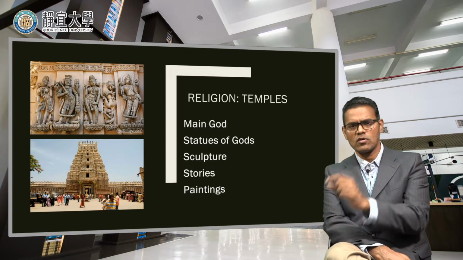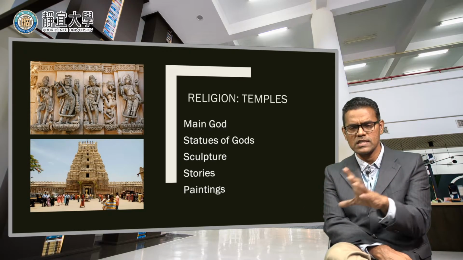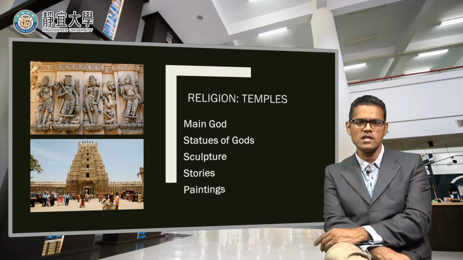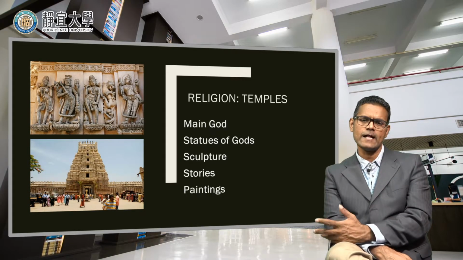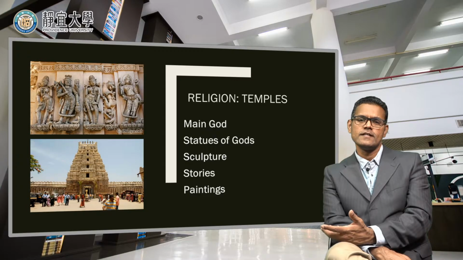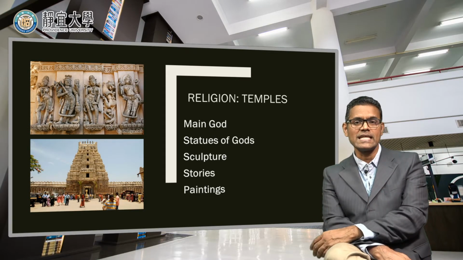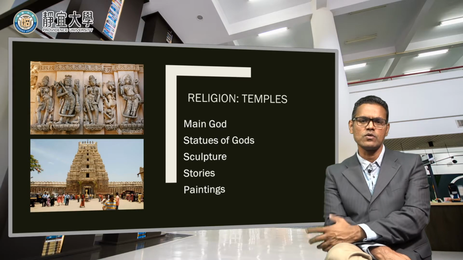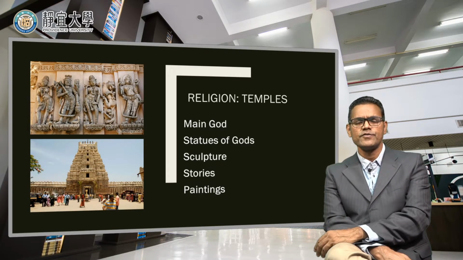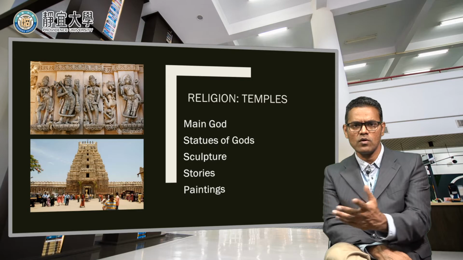And there are also inscriptions on the temple walls, and those inscriptions tell the story of the temple, like who built the temple, what kind of activities they had in the temple during their time. So these are again some information on the temple.